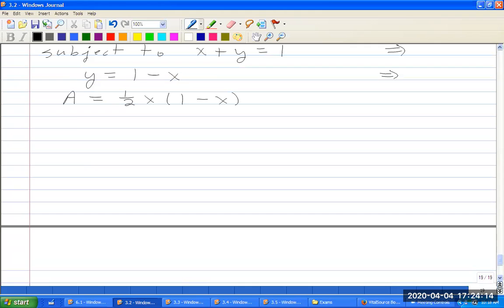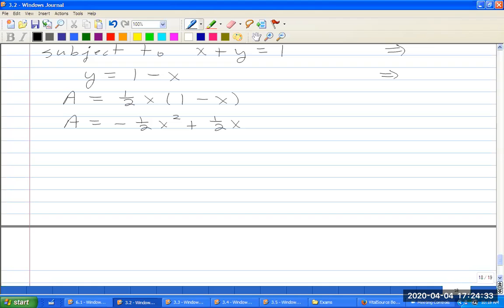So A equals 1/2 x minus 1/2 x squared. Writing in descending order, negative 1/2 x squared plus 1/2 x.